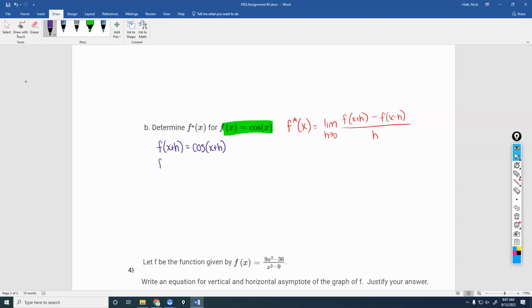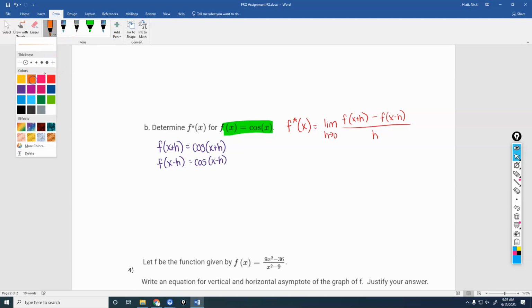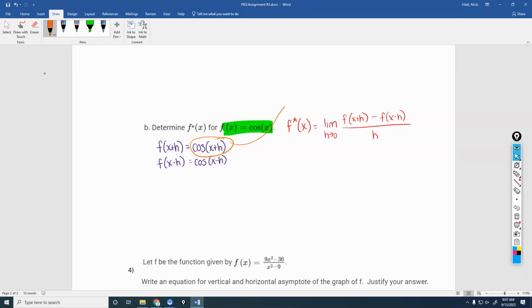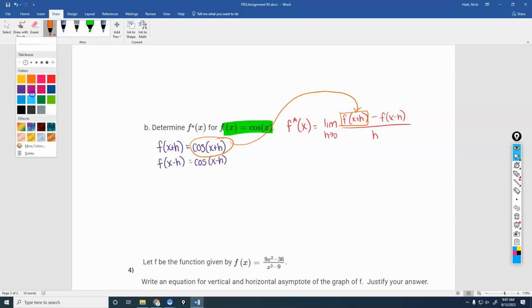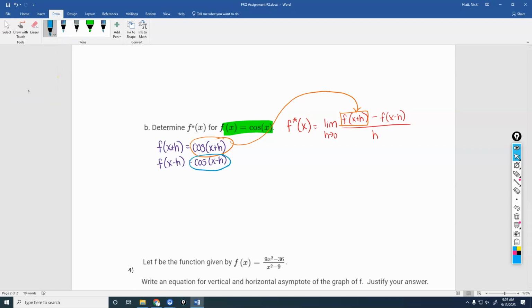And if I do f of x minus h, that is cosine of x minus h, right? So this right here is f of x plus h, and this right here is f of x minus h for this problem.